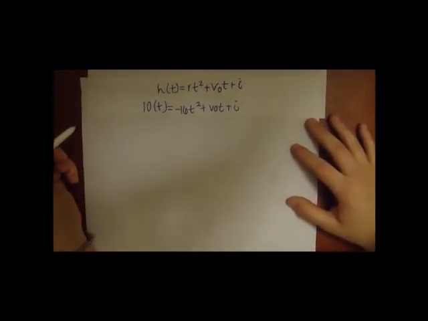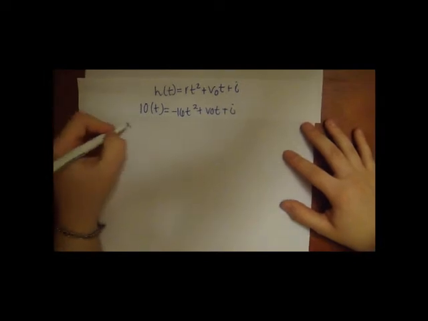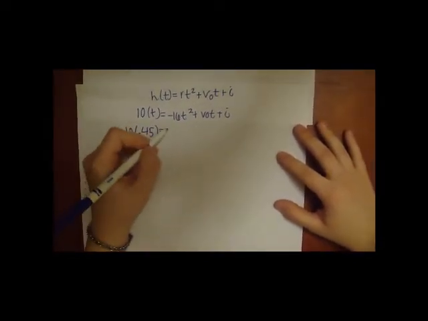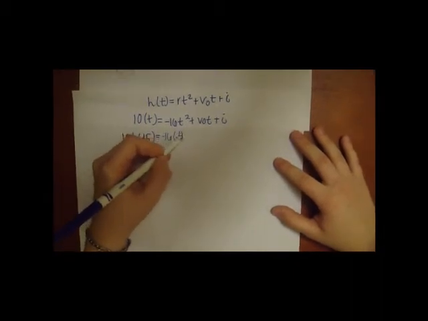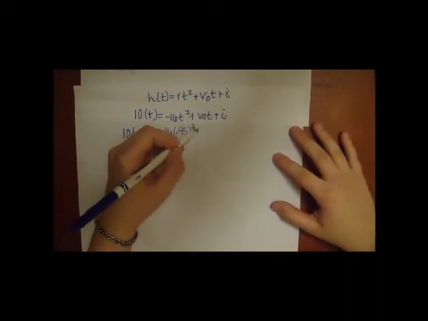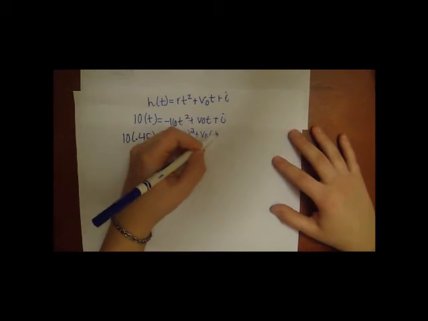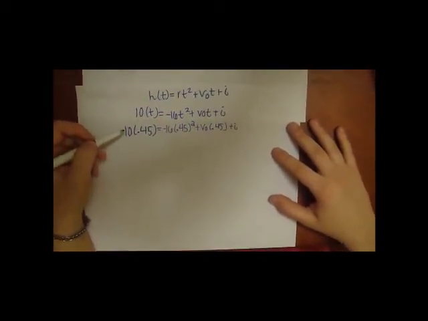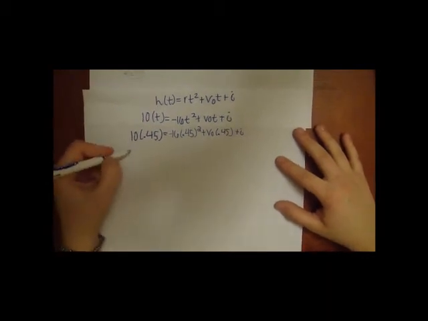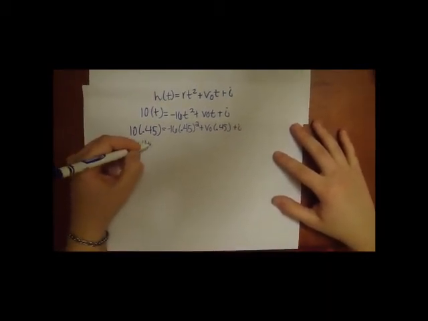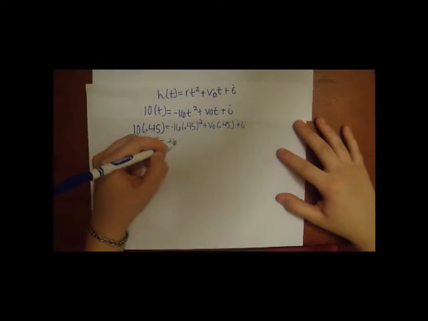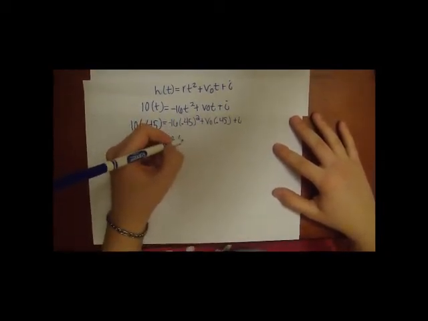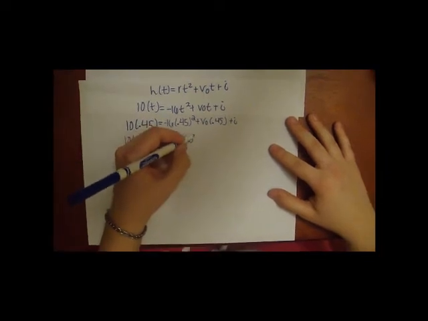Now we can plug in 0.45 for all the t values, and solve this by using our math skills. 0.45 squared equals 0.2025.